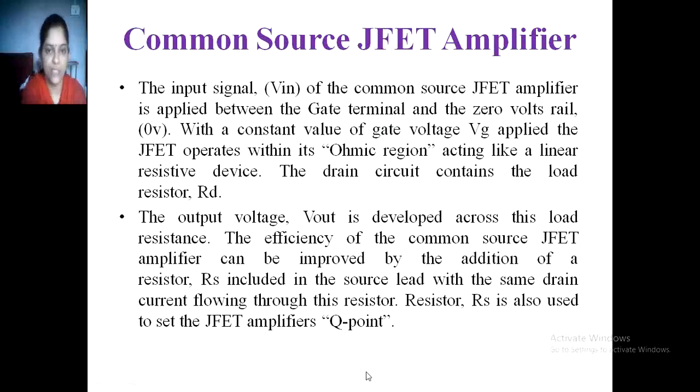Then the input signal Vin of the common source JFET amplifier is applied between the gate terminal and the 0 volts rail. With a constant value of gate voltage VG applied, the JFET operates within its ohmic region, acting like a linear resistive device. Ohmic region means it will act as a resistor.